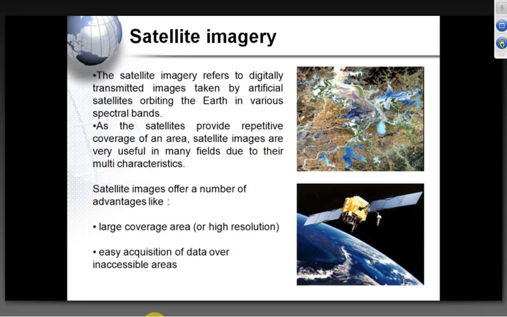And second, easy acquisition of data over inaccessible areas. Easy acquisition means that for areas where people can't reach, the images are obtained with the help of satellite sensors.